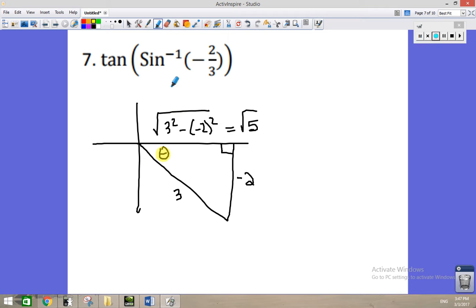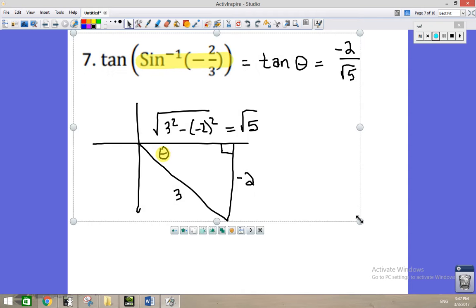We're letting this inverse sine of negative 2/3 be theta. So we're being asked to find the tangent of theta, the opposite over the adjacent, rationalize the denominator, and then we'll be done.